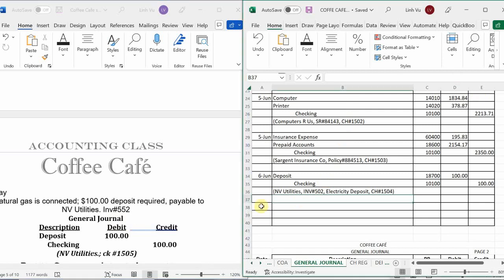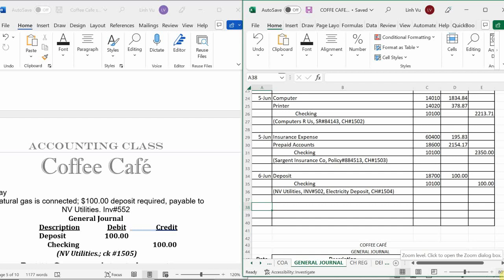So, in this case, what do we do here? If we need to be making another deposit for the natural gas payable to NV Utilities, invoice number 552. What do we need to do here? Journal it and then cut the check. Correct, right? In this case, same thing here.